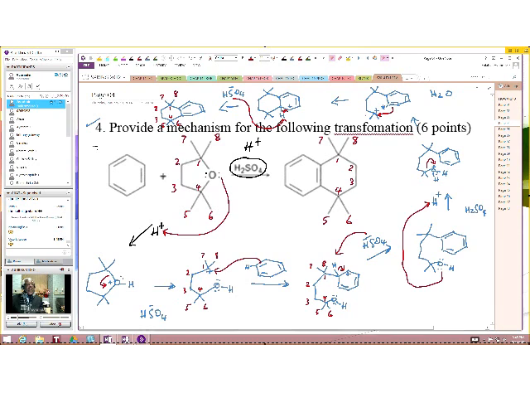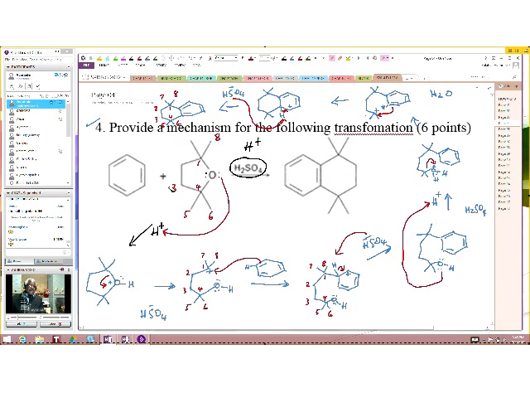So that is the general thrust of reaction mechanism. The arrow must flow from where you have the electrons to where you do not have electrons. That is the underlying concept of reaction mechanism.